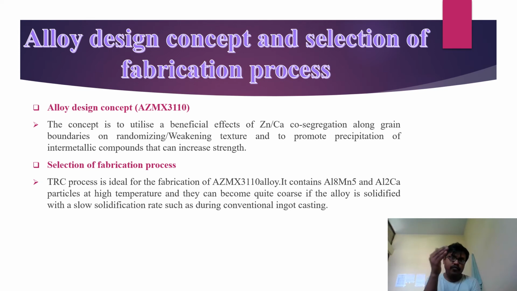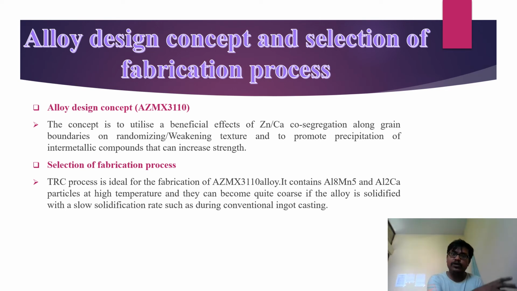So the tendency to form Al8Mn5 is more, while the tendency to form Al2Ca is less. So all the aluminum will be utilized to form the intermetallic compound Al8Mn5, and now no aluminum is available to react with the calcium.